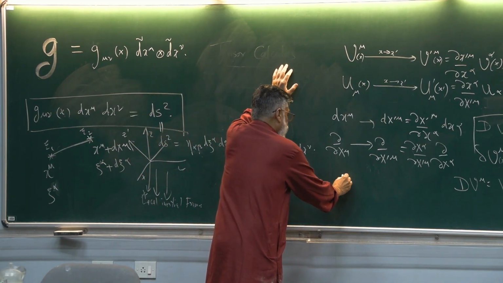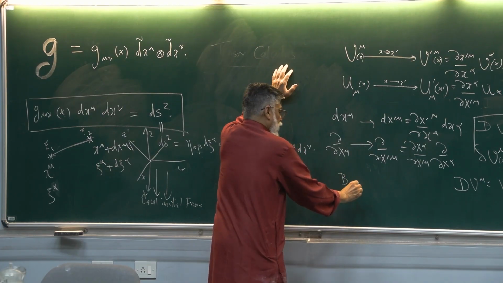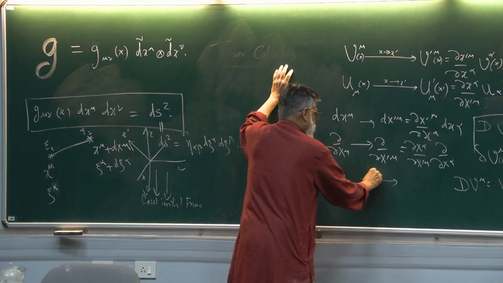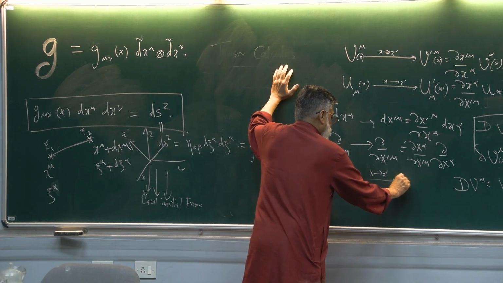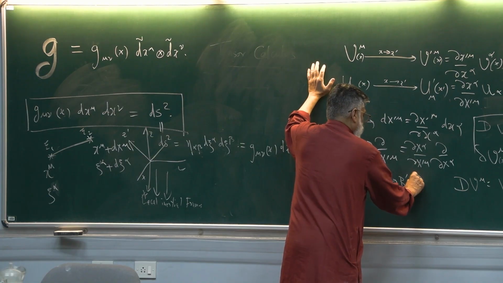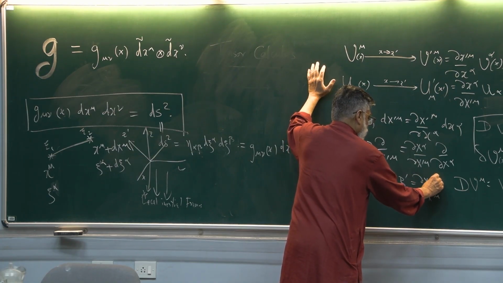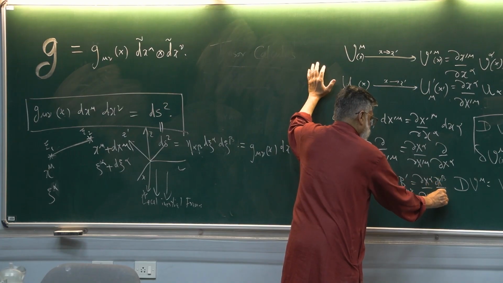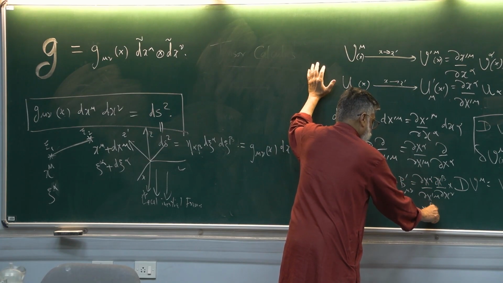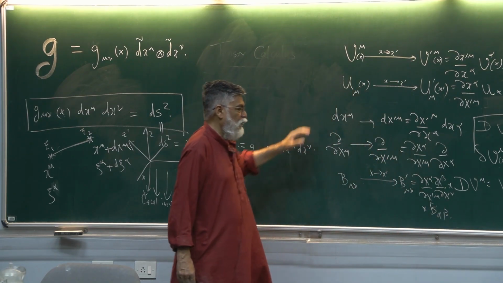Any covariant second rank tensor B mu nu under coordinate transformation, by definition, transforms to B prime mu nu, which is nothing but del x alpha by del x prime mu, del x beta by del x prime nu multiplied by B alpha beta. This is the transformation property for a second rank covariant tensor.